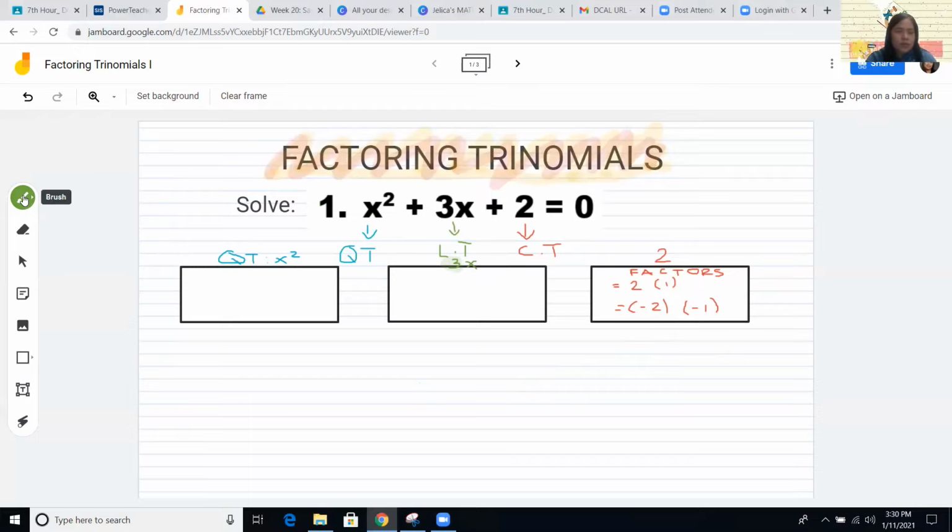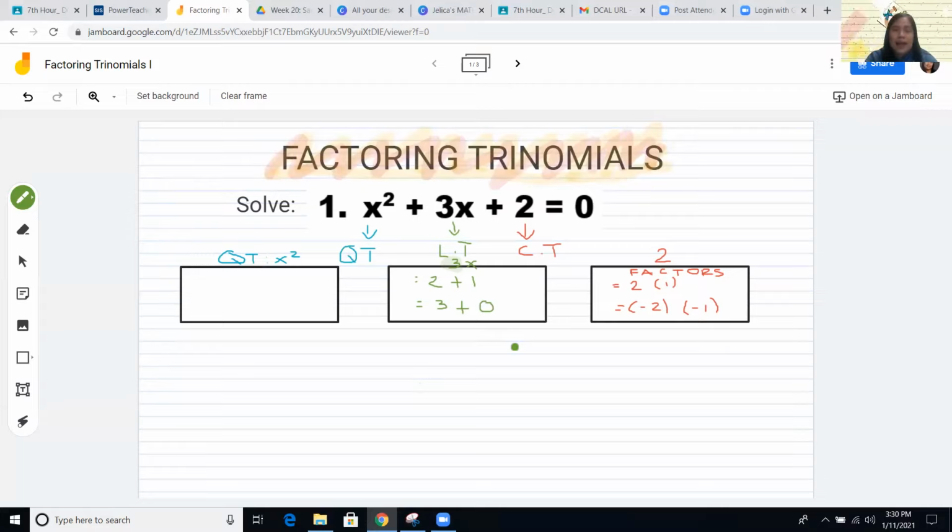Think of two addends that if we add them, we will get 3. So we can get 2 plus 1 is 3. Another one we have is 3 plus 0. So those are all the possible addends for the numerical coefficient of the linear term, which is 3.